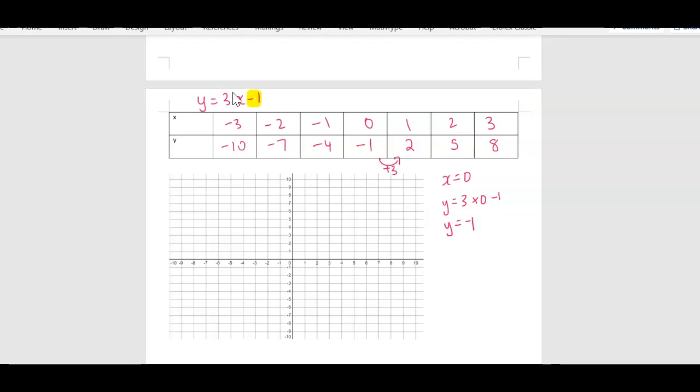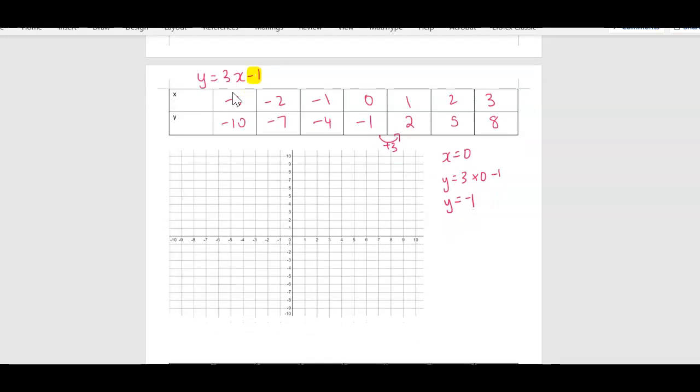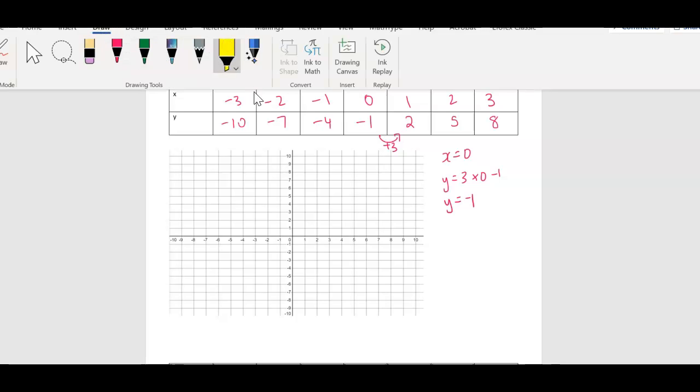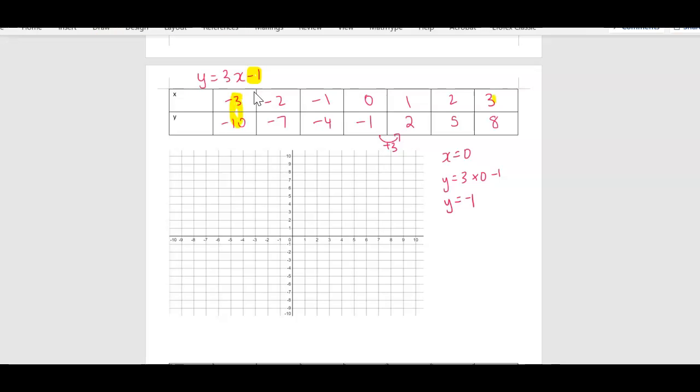All right, now when you're sketching a straight line, you don't need to plot all the points. All you need is 2 points. Now, the best 2 points to use are the 2 on the end.